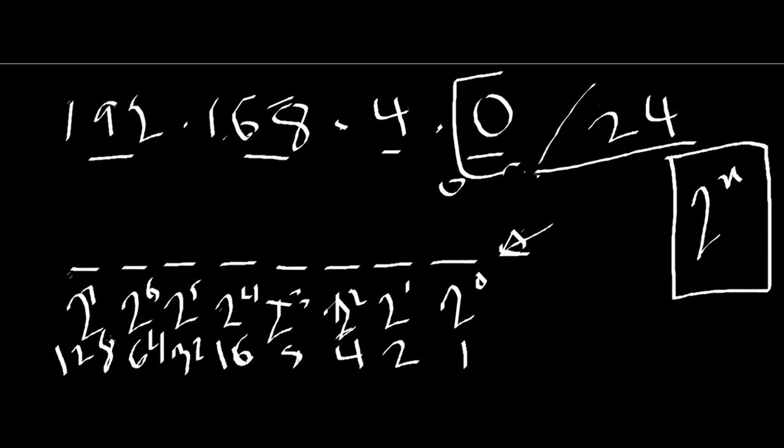Wow. And you realize, if you add up everything, all the numbers here, 128 plus 64 plus 32 plus 16 plus 8 plus 4 plus 2 plus 1, you get 255.